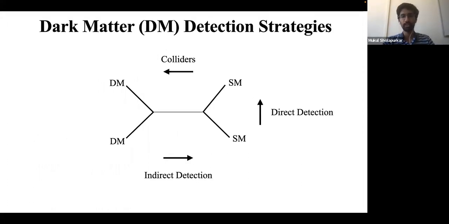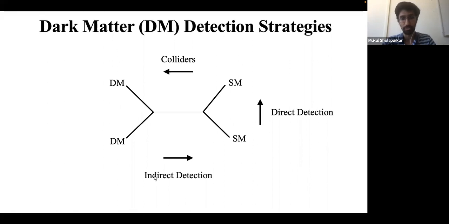These different detection strategies can be well illustrated by a diagram like this. Assuming dark matter has some interaction with the standard model particles, we can collide two standard model particles together to produce dark matter. This can be done in colliders, or dark matter particles can collide together to create a signal in the standard model sector.